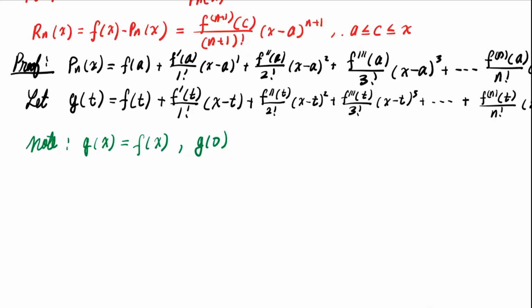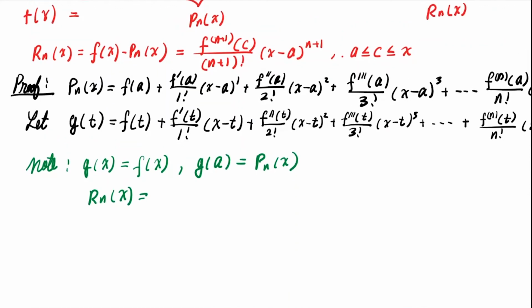I mean, not 0, g of a. We constructed this g from this, isn't it? So once you have a, then that is just exactly Pn, correct? Are you with me? So far so good? So then let's review what R is, right? Our Rn of x.